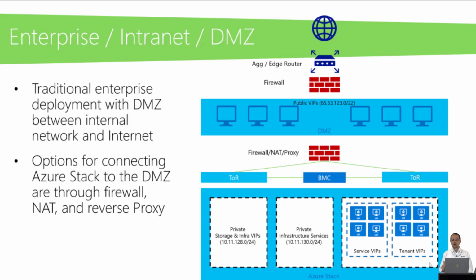The perimeter network is where external or internet-facing applications like web servers are typically deployed. It's usually monitored by a firewall to avoid attacks while still allowing specific inbound traffic from the internet. And only the external network public VIP pool of Azure Stack should reside in the DMZ zone. So that's something you want to keep in mind. But other than that, your DMZ environment will also work with Azure Stack.